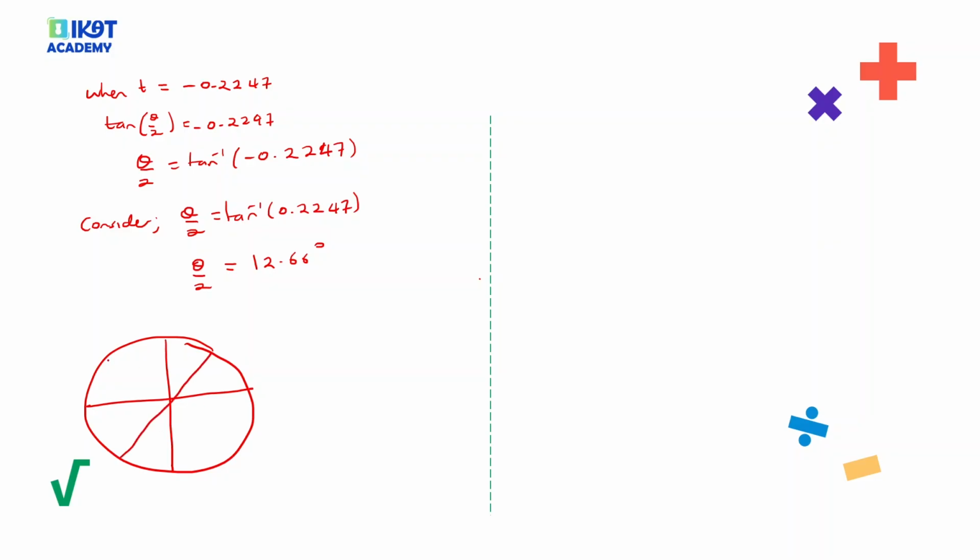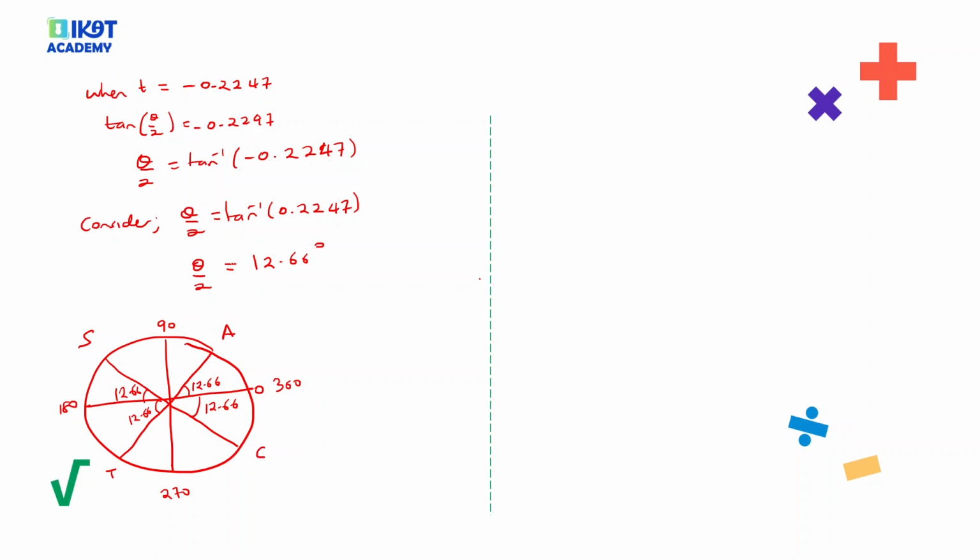So I do the quadrant. 0, 90, 180, 270, 360. So this is 12.66, 12.66, 12.66, and all students take chemistry.